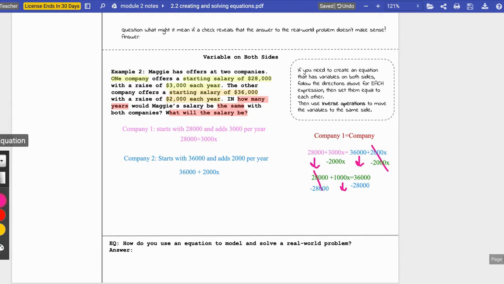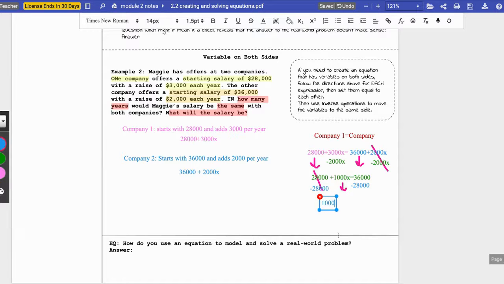So now I have 1,000x is equal to 36,000 minus 28,000, which is 8,000. And I'm in my last step. I just have to divide by 1,000, and I get x is equal to 8.